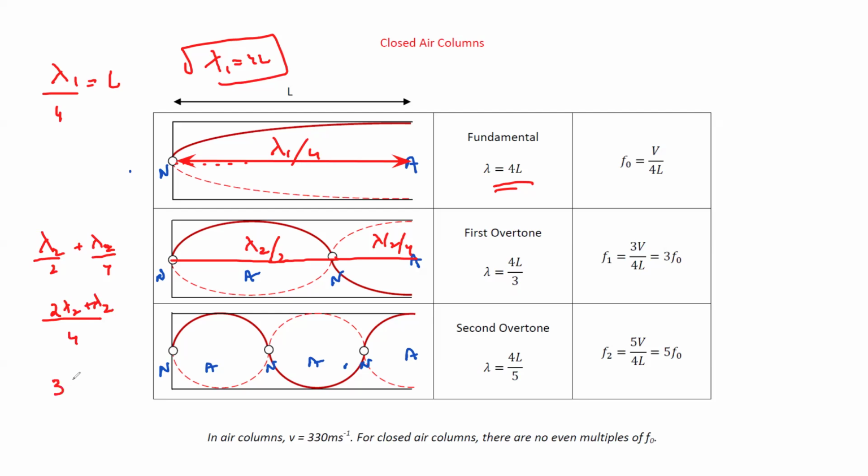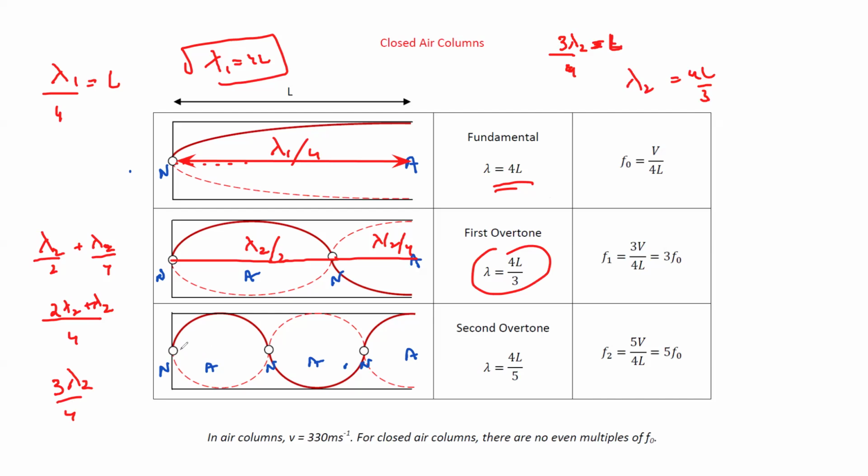So this total will be 3 lambda by 4. So the length in this case is 3 lambda by 4. So if we need lambda, this will be 4L by 3.